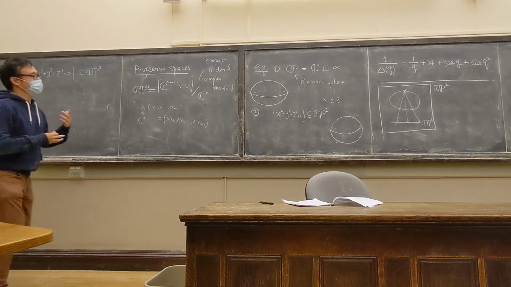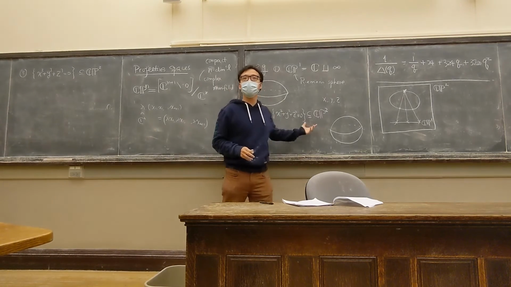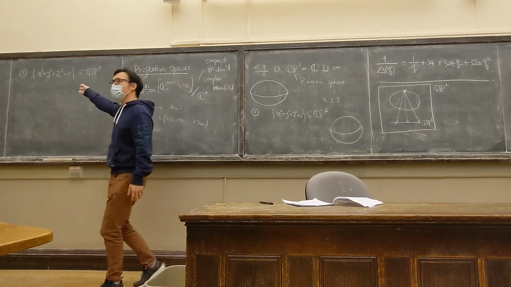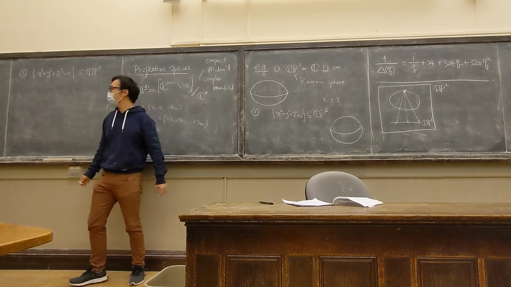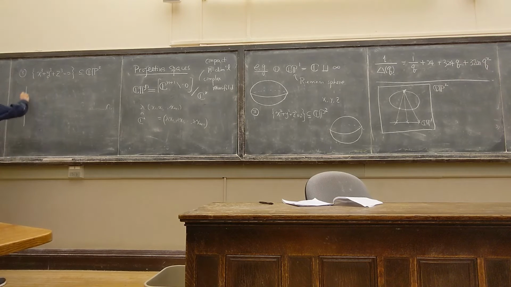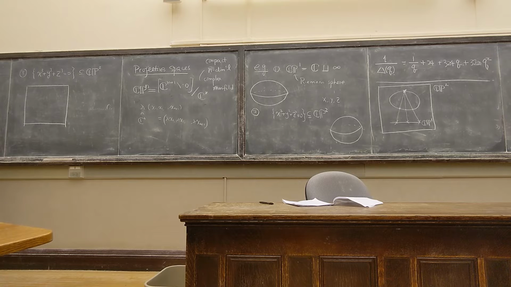You see this was a degree 2 equation, but this is a degree 3 equation. So, all right, let's just draw a picture. This is a real picture, some degree 3 curve, something like that.